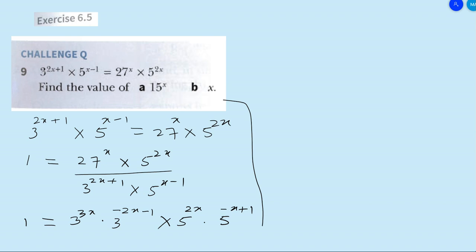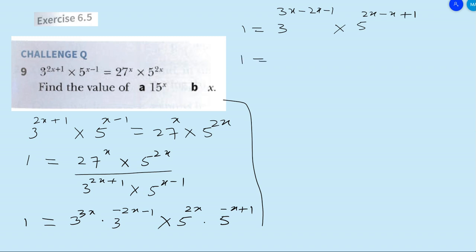When we move, the sign should change. So 1 is equal to, when the bases are same, then powers should be added: 3 to the power 3x minus 2x minus 1 into 5 to the power 2x minus x plus 1.